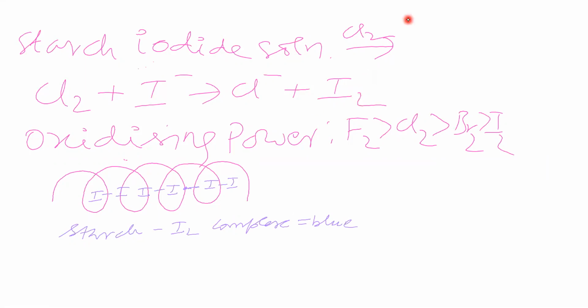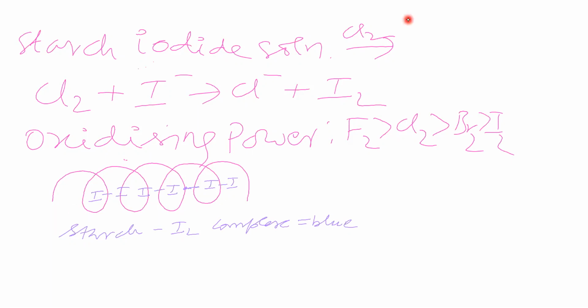This iodine goes into the starch. Inside the spiral chain, an empty gap is there. In that empty gap, iodine occupies. This is called a starch iodine complex, which has a blue color.